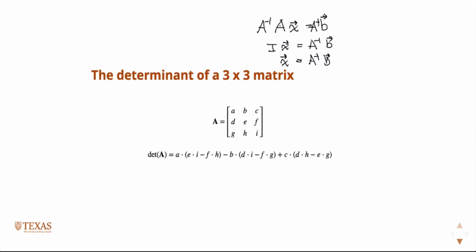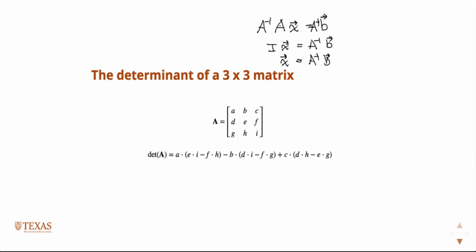The thing is, A inverse is not guaranteed to exist. Just because a matrix exists doesn't mean its inverse will. If a matrix inverse does not exist, the matrix is said to be singular. And one way we can quickly determine if a matrix is going to be singular, before we attempt to take the inverse, which is an expensive operation in a computer, is to compute the determinant.